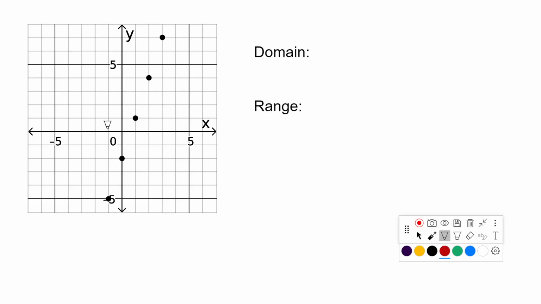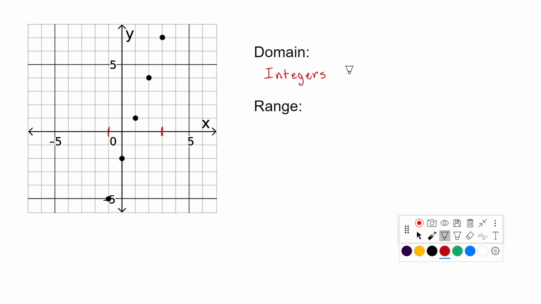For my domain, I'm looking at what's the spread of values for my points. It's including -1 and going up to +3. I'm going to make the statement that it's integers because we're not including any values in between these steps.